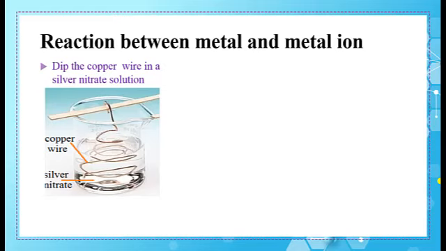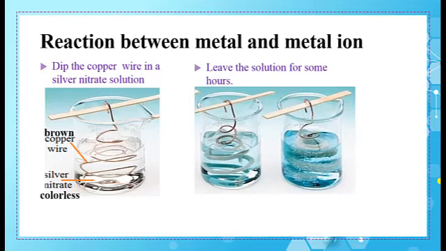What is the color of the copper wire? It is brown. And what is the color of the silver nitrate solution? It is colorless. Now we have to leave the solution for some time. Let's observe the figures.